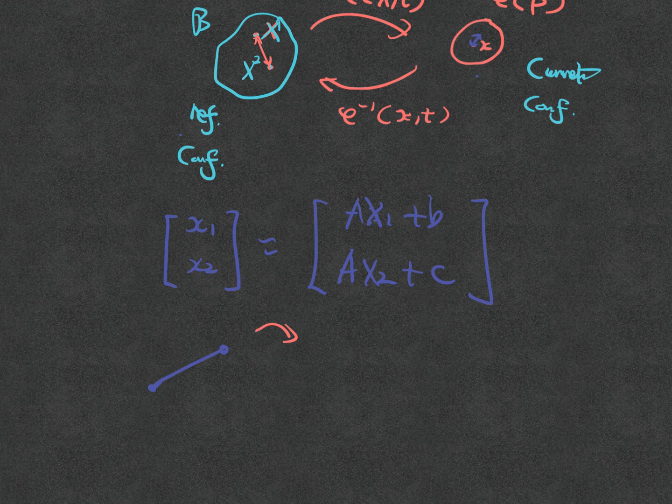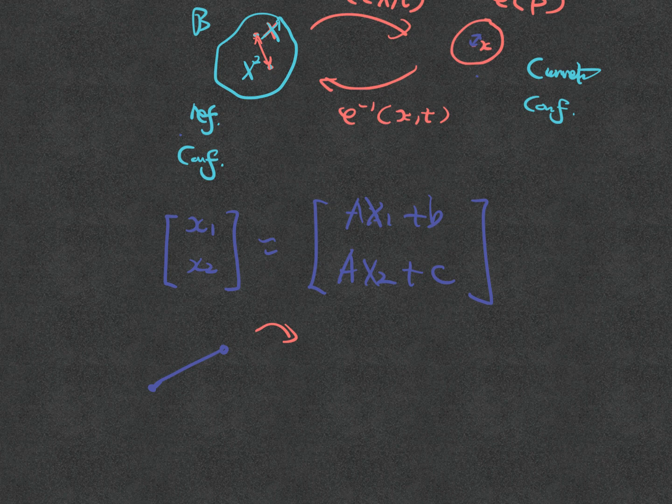I haven't defined what ax1 plus b and ax2 plus c are, but a, b, and c are all just scalars. So let's give an example.